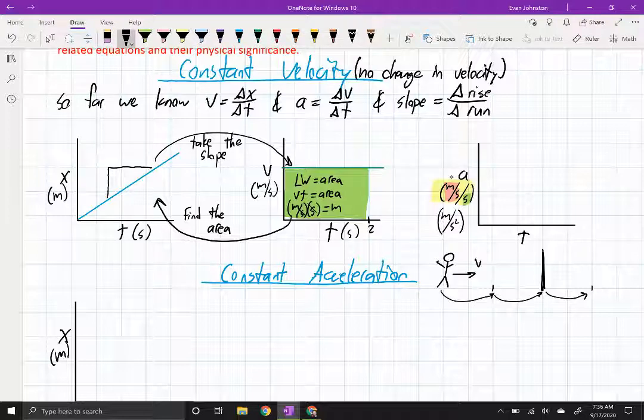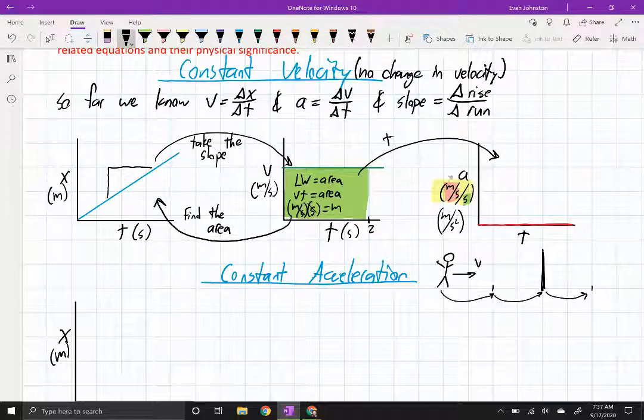So again, to go from this one to this one, I would take the slope. Looking at this, there's no change in velocity over whatever the change in time is, so we really just have a big old zero here. And that's what gives me zero acceleration. So my acceleration is just right down there, something like that.